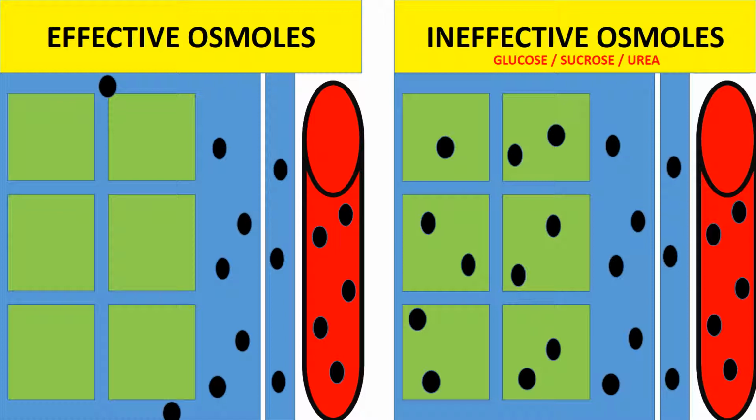Now there are two concepts. One is effective osmoles, and the other one is ineffective osmoles. The effective osmoles are the substances which, when we inject into the blood vessel, just remain in the extracellular fluid, which leads to an increase in the osmolarity of the extracellular fluid.